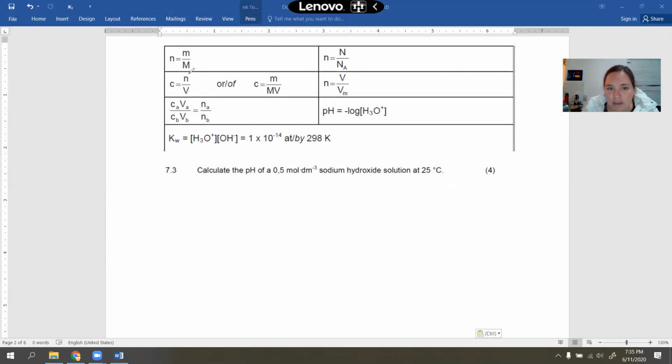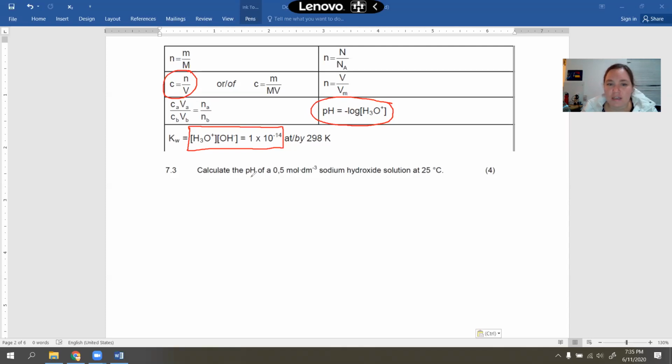You can see over here, I've just included concentration as number of moles over volume, just in case you need that bit of it. This is for titrations, which is not what I'm focusing on. So the 2 formulas that you're going to be using are that one and this one. I tend to use that portion of it, but if you want in an exam, you can stick in the KW value as well.